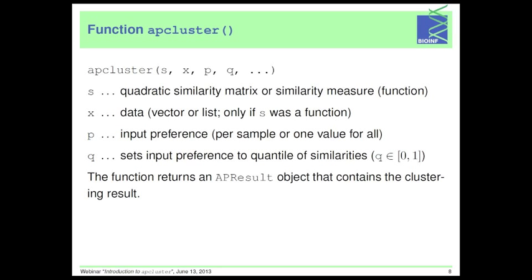There is a rule of thumb that has been published along with the apcluster paper by Frey and Dueck, and they said that to have some moderate number of clusters, choose P as the median of off-diagonal similarities.